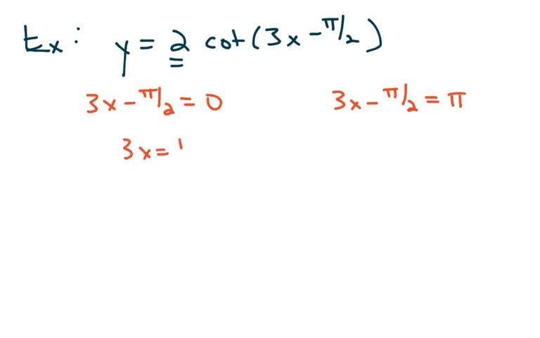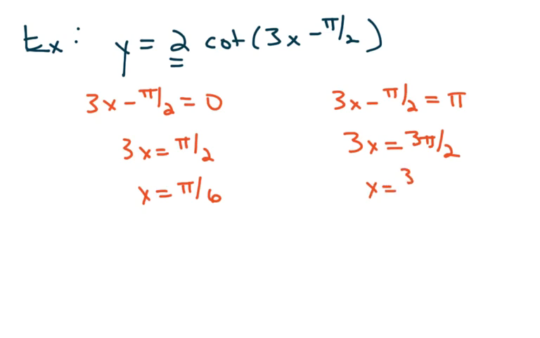So I'm going to add pi/2. And then I'm going to divide by 3, and I'm going to get pi/6. For the second one, when I add pi plus pi/2, I'm going to get 3 pi/2. So when I divide by 3, I get 3 pi/6, which reduces to pi/2. So this is where I'm going to start, and this is where I'm going to finish.